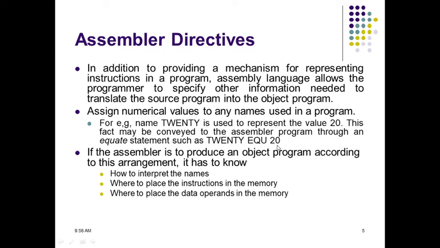Such statements are called assembler directives or commands. This type of statement gives some instruction to the assembler. It will not perform any operation itself, but it will just give an instruction to the assembler to do something or to perform something.